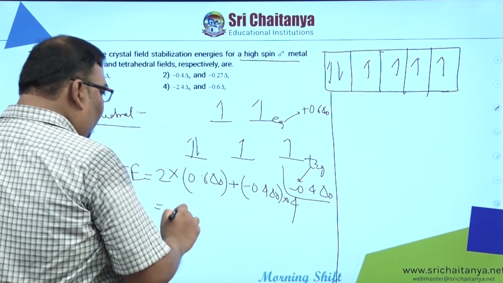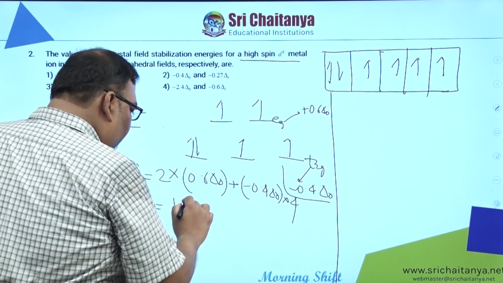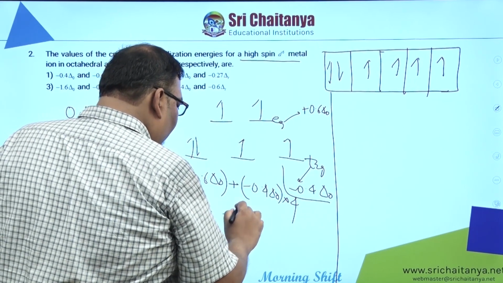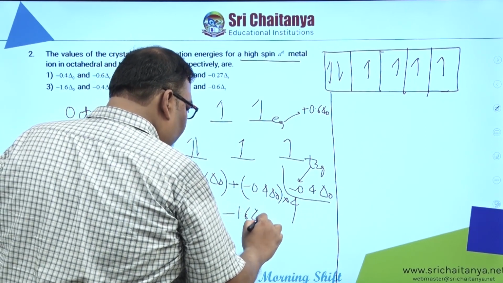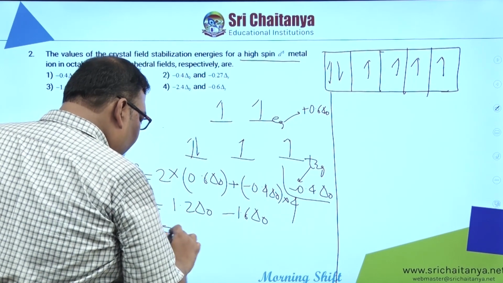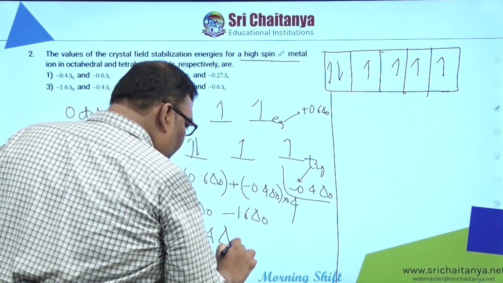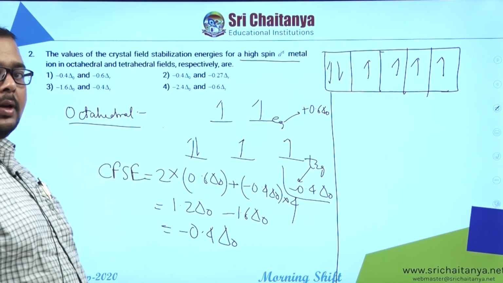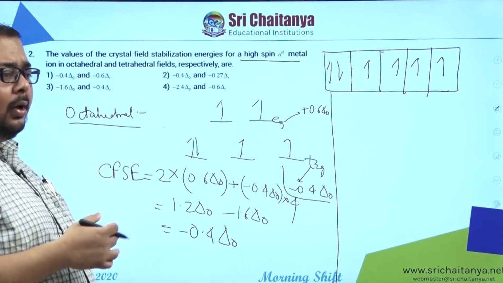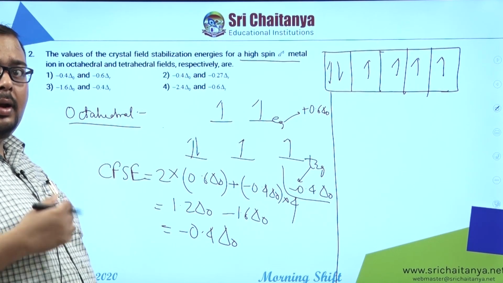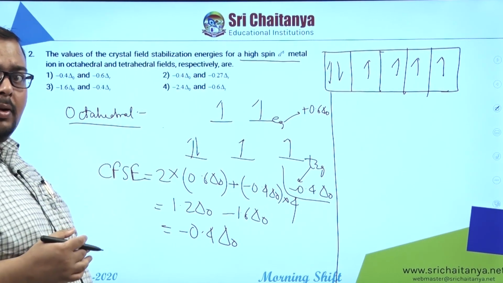So this will be 1.2 delta naught minus 1.6 delta naught, and that will be minus 0.4 delta naught. This will be the crystal field stabilization energy for the octahedral field when you are having a D6 ion in a high spin configuration.